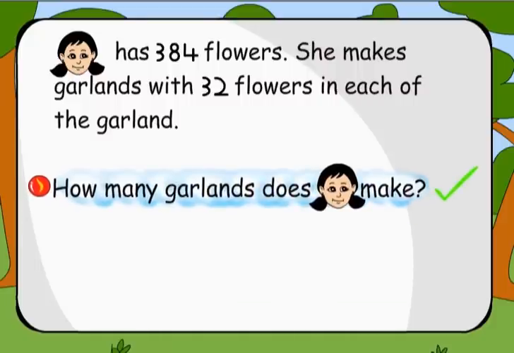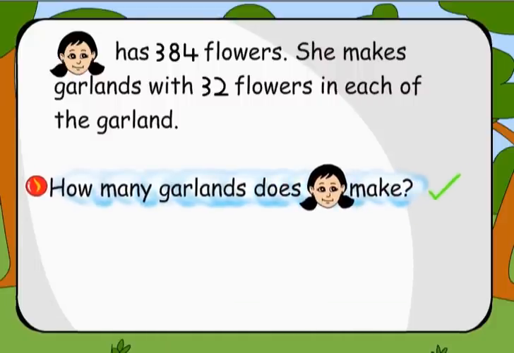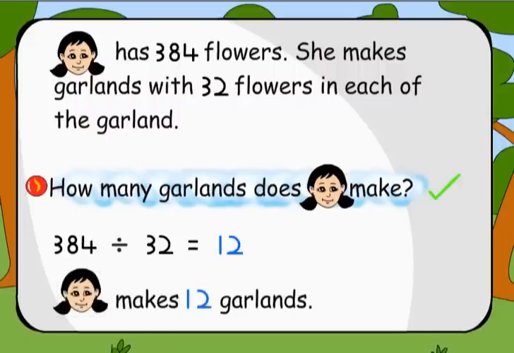How many garlands does Reema make? 384 divided by 32 is equal to 12. Reema makes 12 garlands.